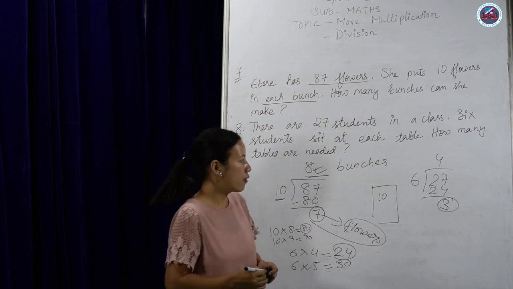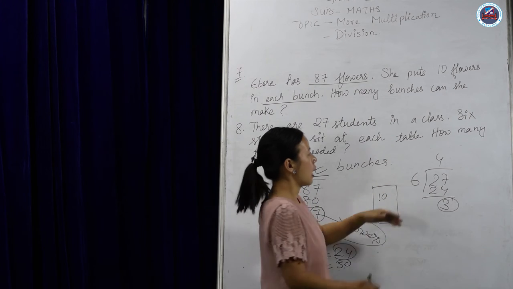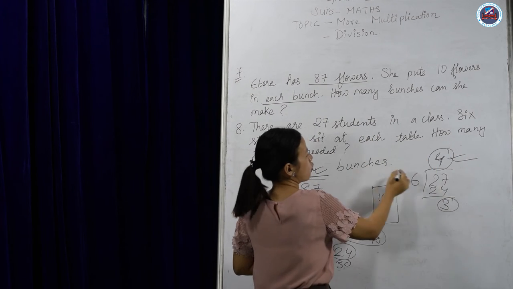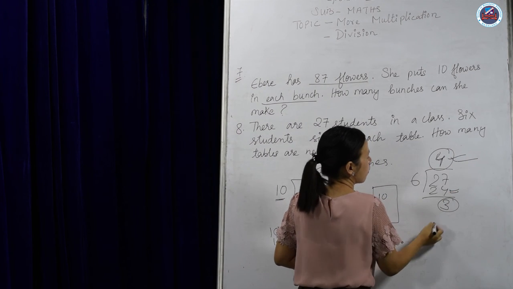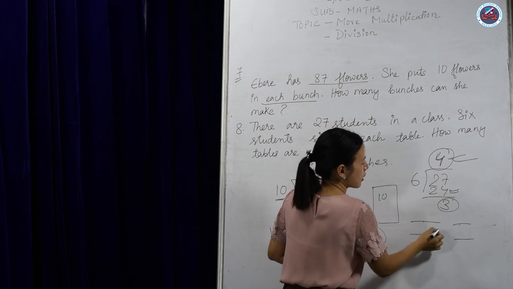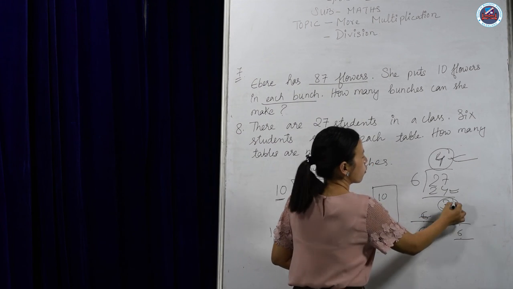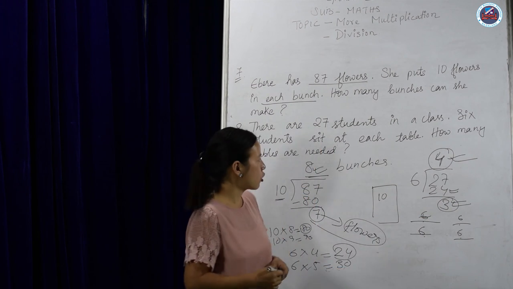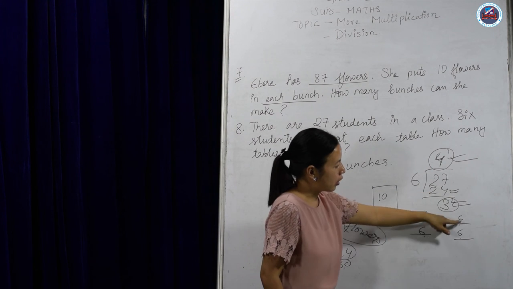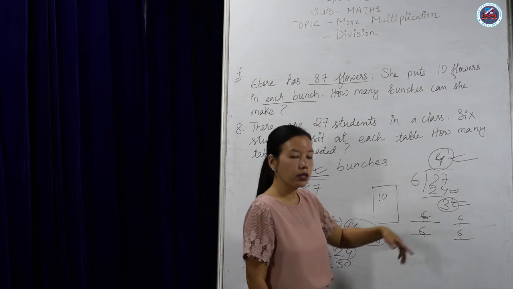So that means 24 students can be seated in 4 tables, with 6 students at each table, right? So the remaining leftover is 3. That means 3 students are left out. I got 4 as an answer, right? That means in 4 tables, 6 students can be seated, and then 3 students are left out.